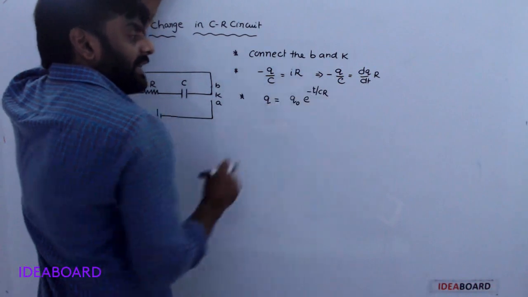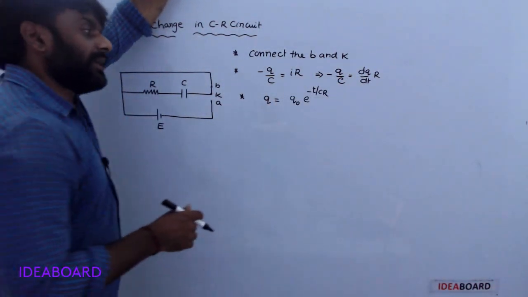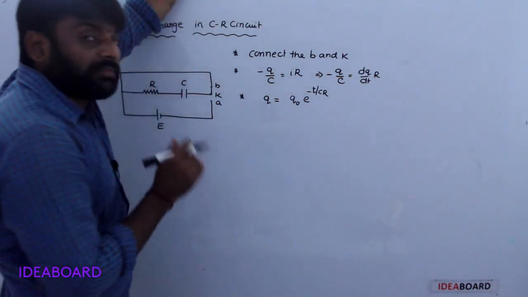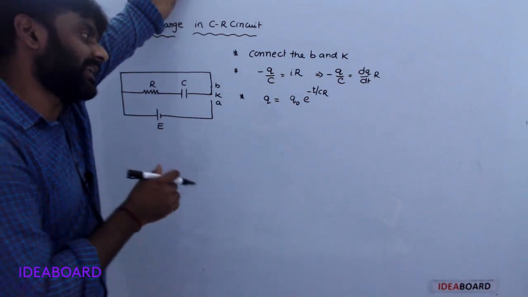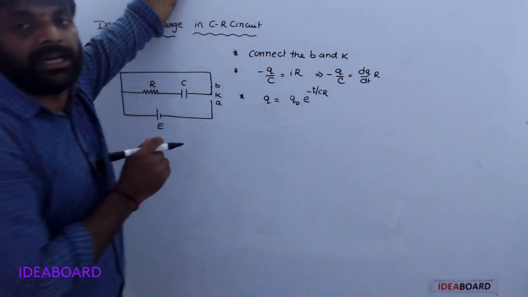You know already, CR means the capacitive time constant. So at any instant of time, the charge in the capacitor during discharging is Q equals Q naught e power of minus t by CR.